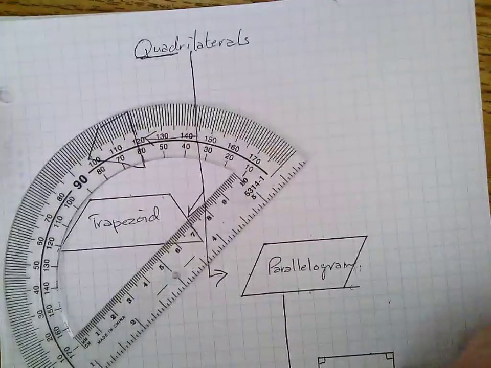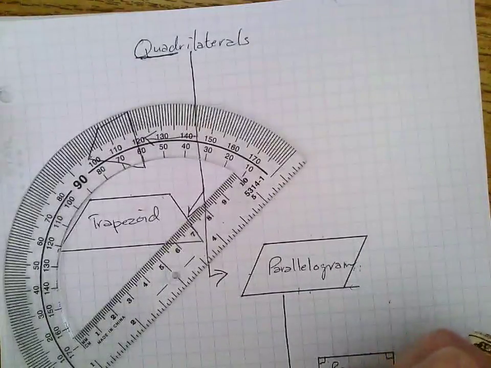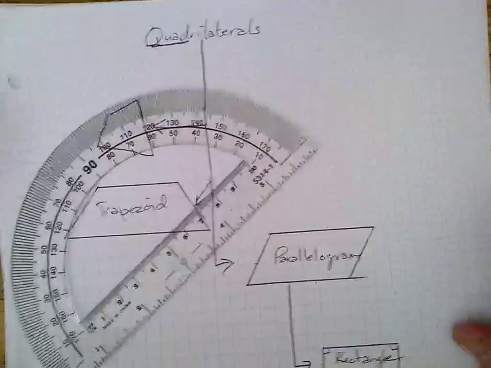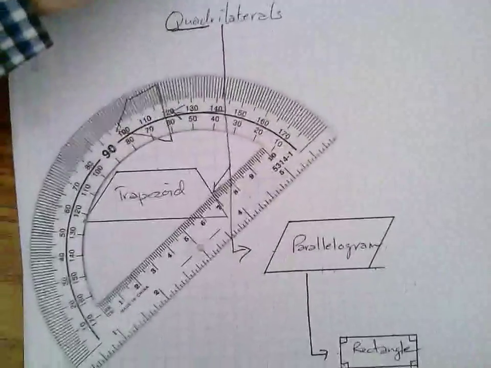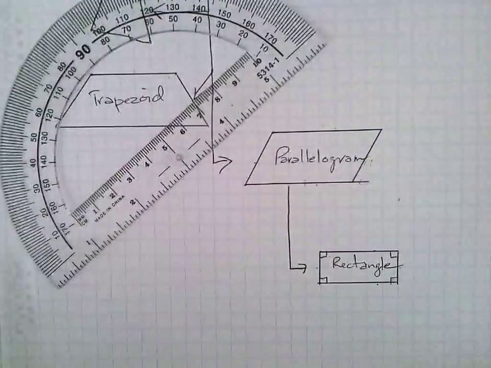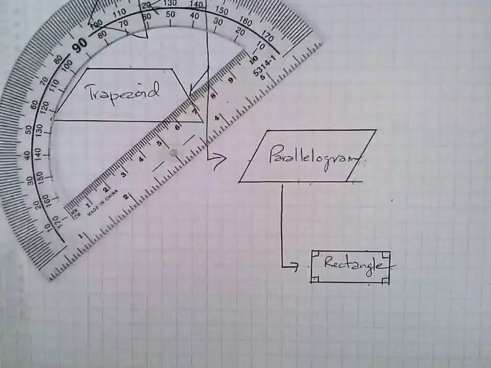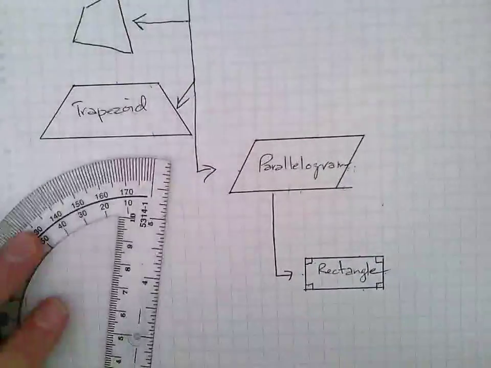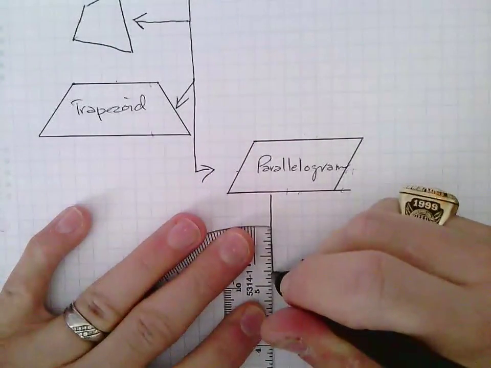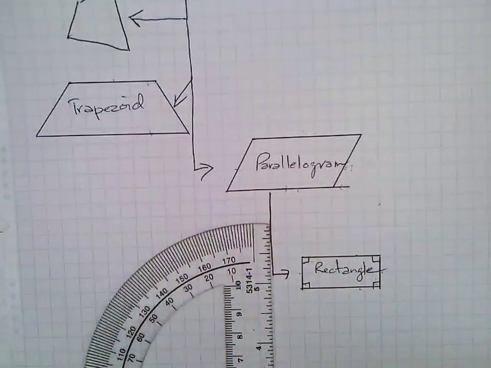Now the opposite parallel sides makes it a parallelogram, but the right angles make it a rectangle. So that's a special kind of parallelogram with right angles.